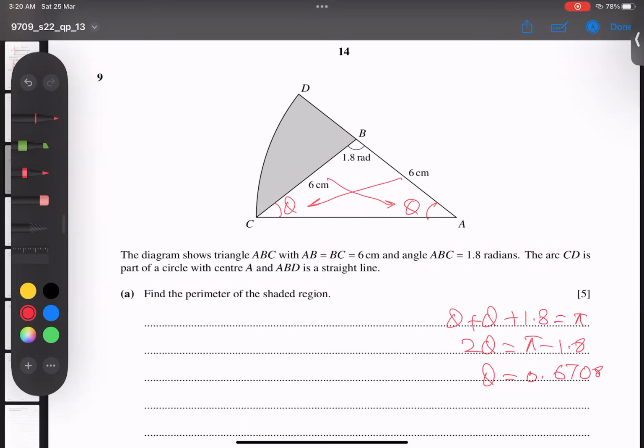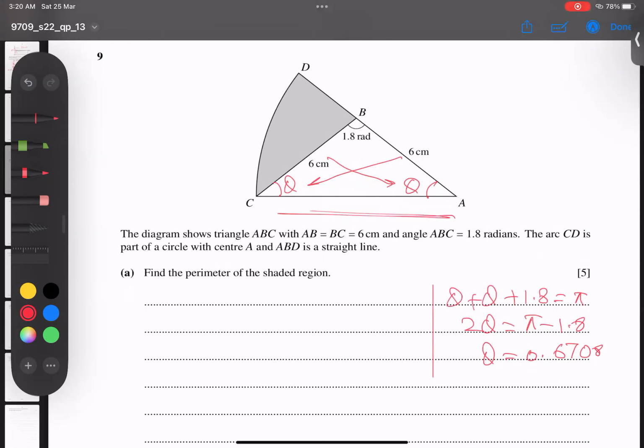All right, then after this, this is not enough, because as I said before, I'm looking for this length. And all of you are familiar that you can apply the cosine rule, because two sides are given and the middle angle is given. Or as a second option, I will draw a perpendicular here, because these lengths are equal to each other. So when I draw a perpendicular, it will behave as an isosceles triangle.